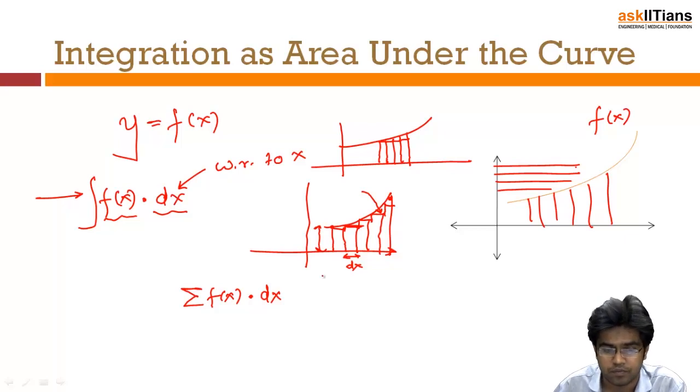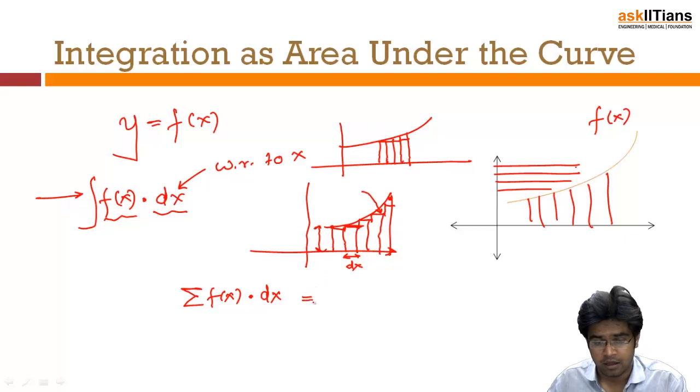So what to do? If the width of your rectangle is tending towards 0, if the width is getting smaller and smaller, the error is decreasing. But as the width gets smaller and smaller, you are actually increasing the number of rectangles you need to add up. How?